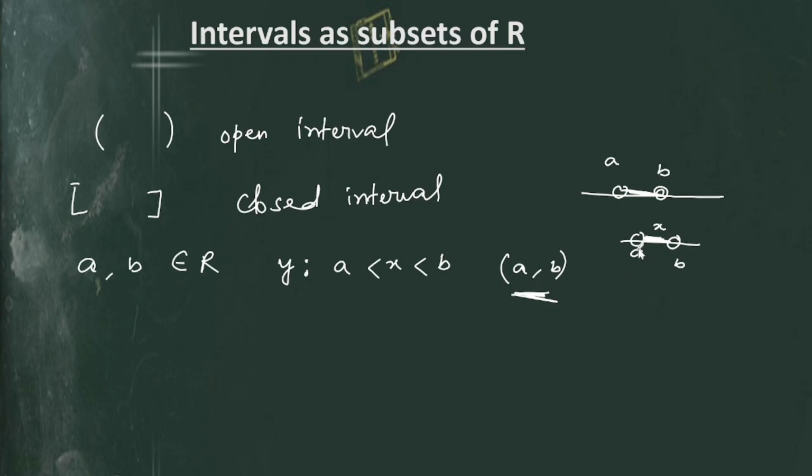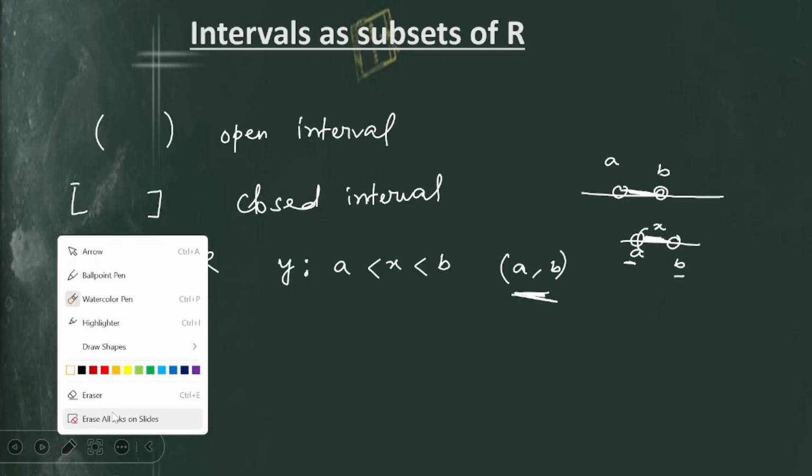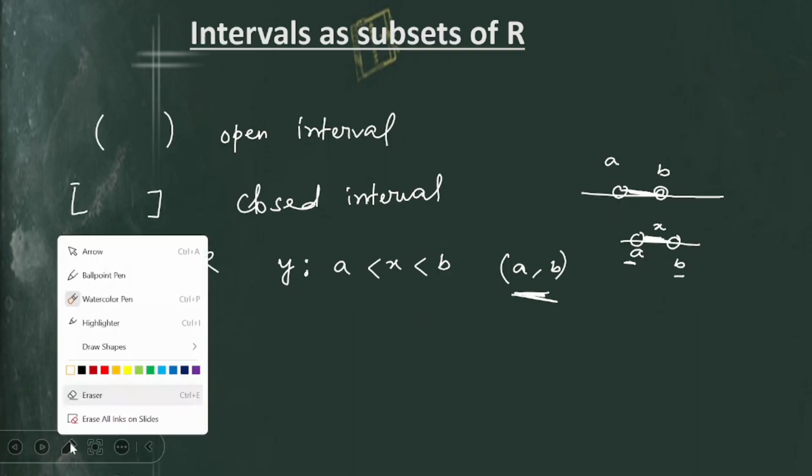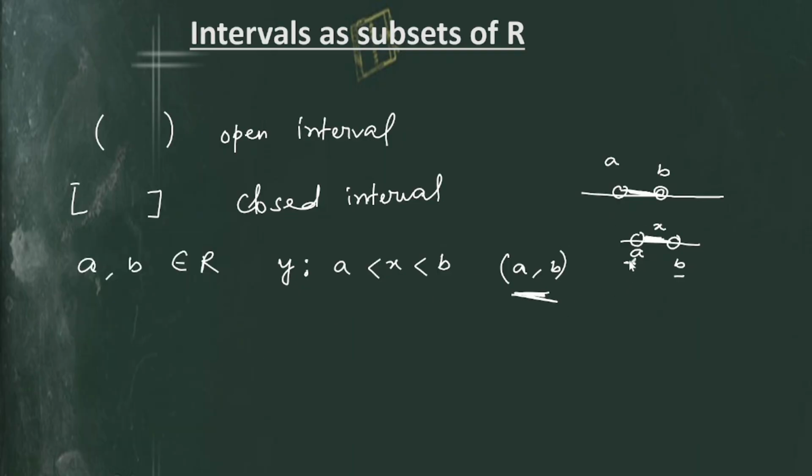Remember that the points a and b should not be included; a and b are excluded. This x lies only between this one and this one, and will not include a and b. I hope you are clear on the concept of open interval.